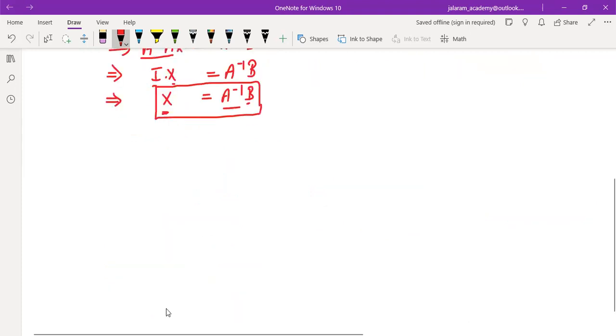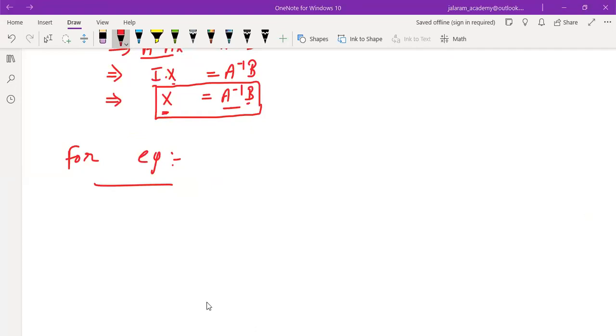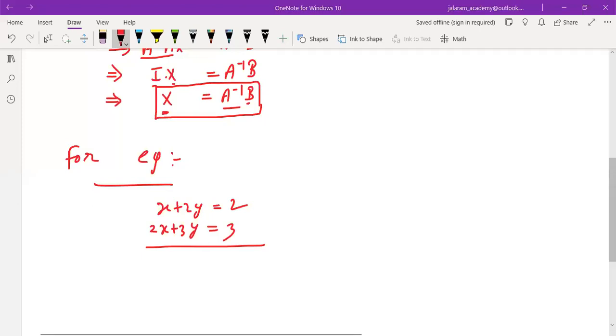For example, if we take this question as an example, x plus 2y equals 2 and 2x plus 3y equals 3.